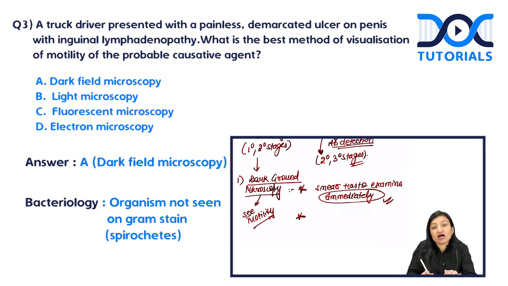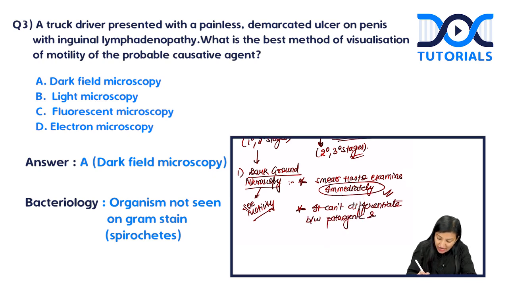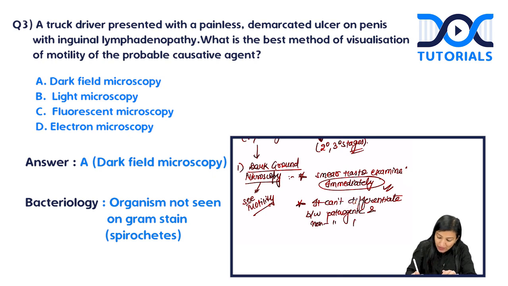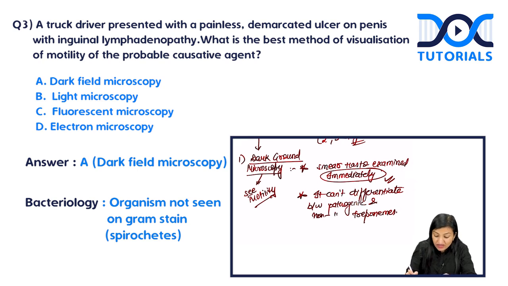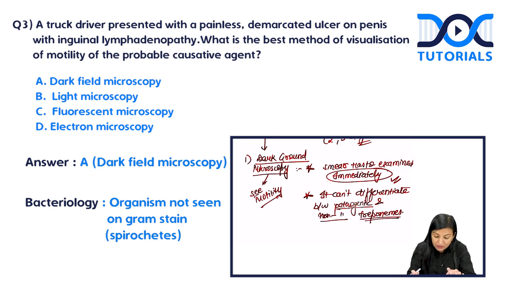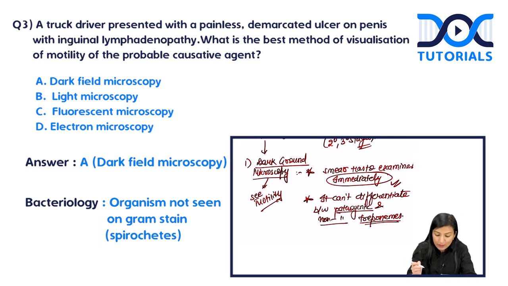The other problem with dark ground microscopy is that it cannot differentiate between pathogenic and non-pathogenic treponemes. It's very difficult to differentiate between them just on the basis of motility. So it is not commonly done.